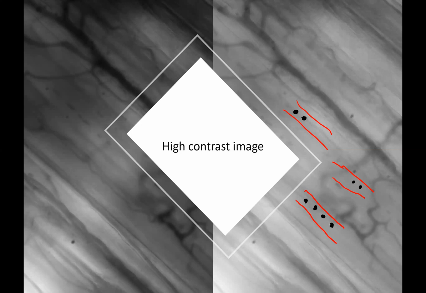And if we add thousands of frames together and divide, we can have a picture like this. Here this is the original image, and this is a high contrast image.